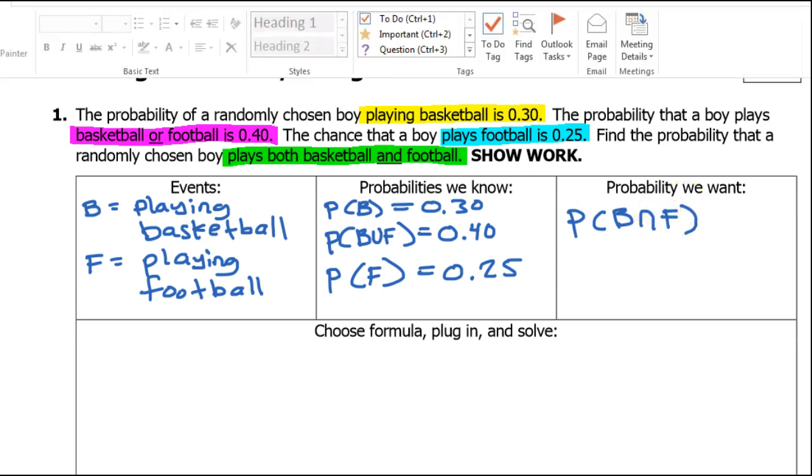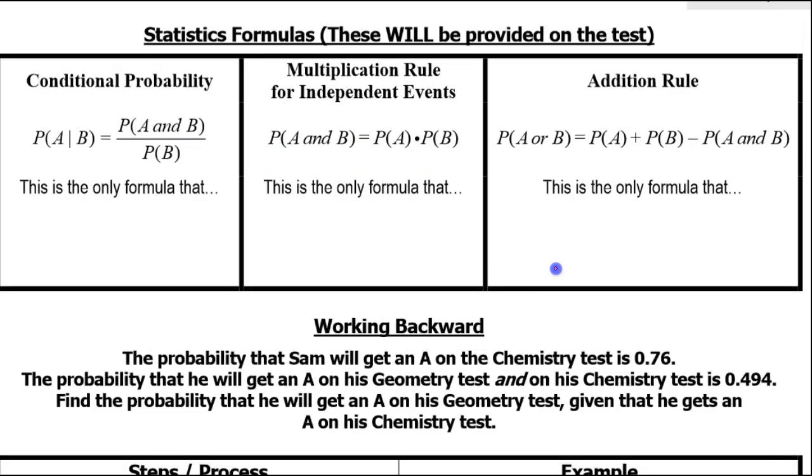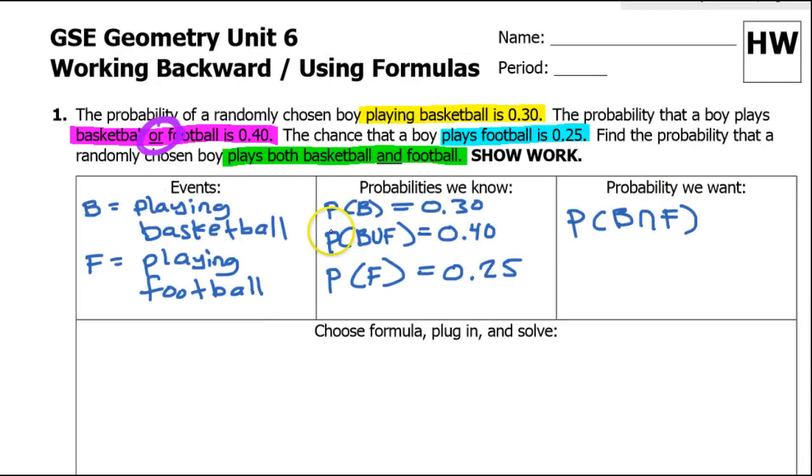Now, I'm noticing that this problem does involve OR. I'm seeing the word OR right here, and this third formula is the only formula that involves the word OR. So we're definitely going to have to use this formula. The probability of A or B is equal to the probability of A plus the probability of B minus the overlap. So I'm going to say that same thing again using B's and F's.